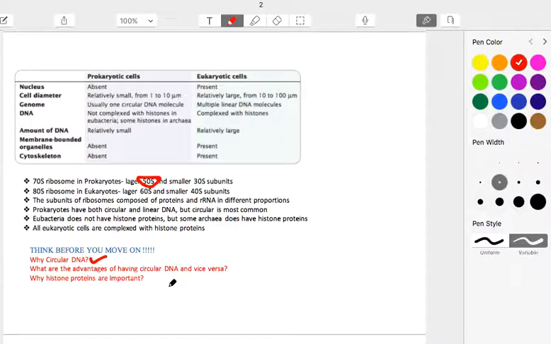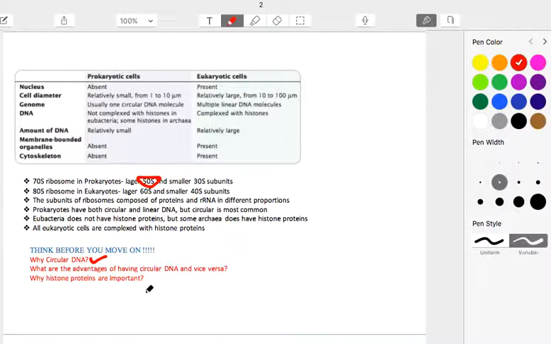Just to discuss why histone proteins are important: keep in mind that histone proteins are very important in forming nucleosomes. A nucleosome is basically an octamer in which the histone proteins are binding, clamping the DNA strand like a clamp.